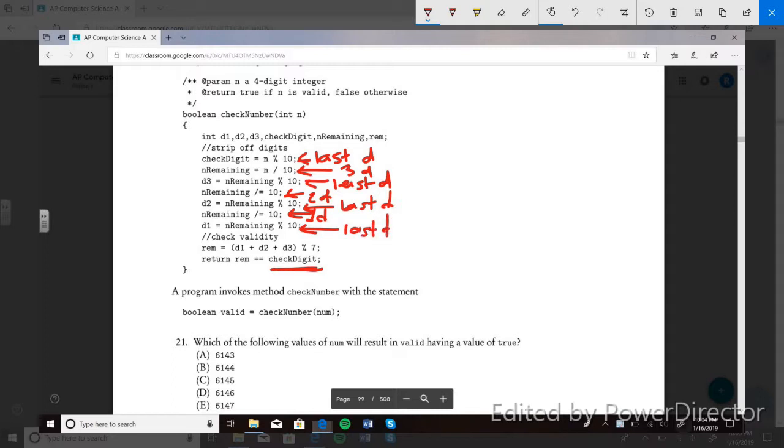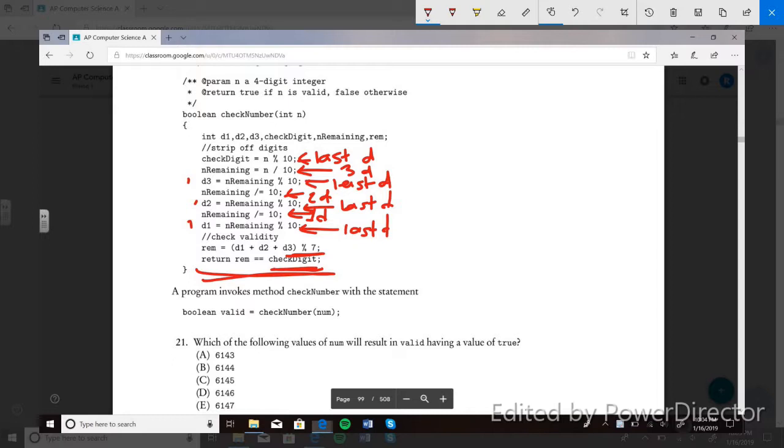So at the end, they add up D1, D2, and D3. What that's doing is adding up the first 3 numbers of the original n, and then they mod it by 7, so they're getting the remainder of that by 7, and then they're checking if that's equal to the last digit.